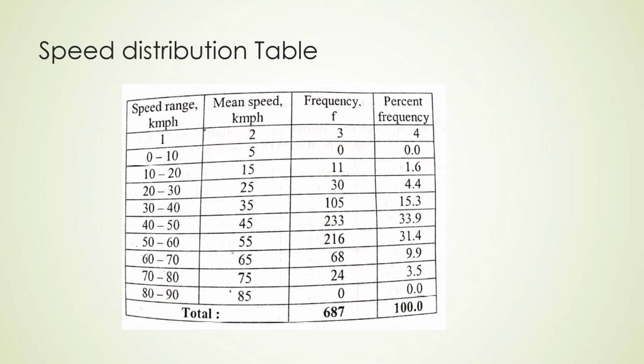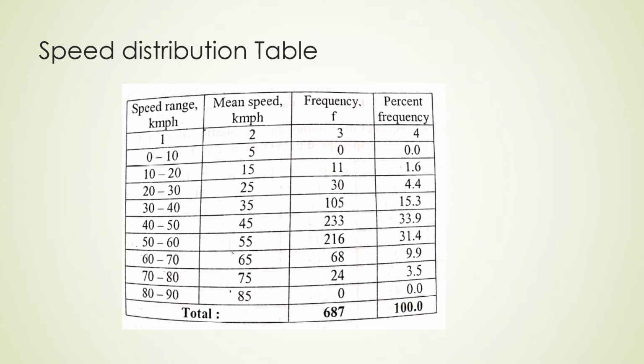From the table we can see that in the 60 to 70 speed range, about 68 vehicles are having that kind of speed. The 68 vehicles surveyed on the section have a speed between 60 km per hour and 70 km per hour.